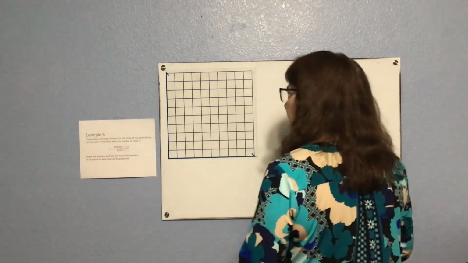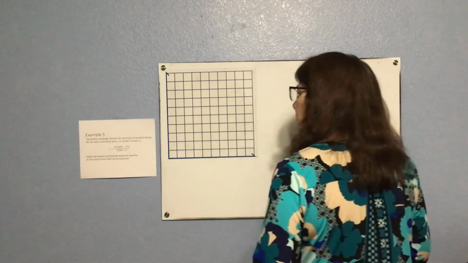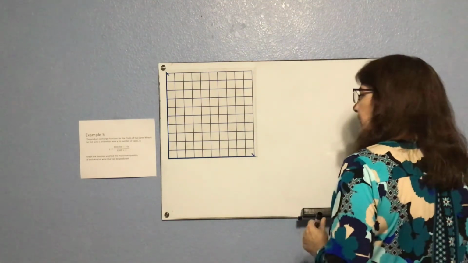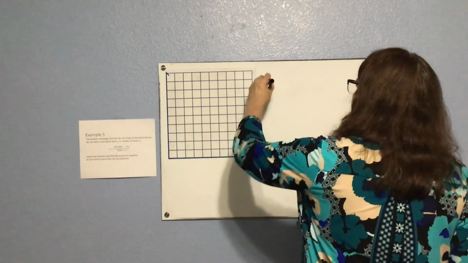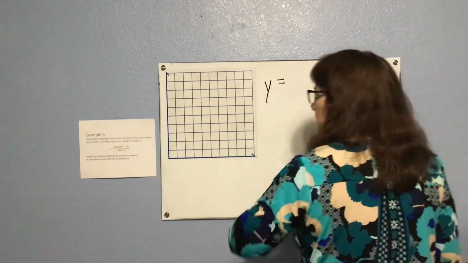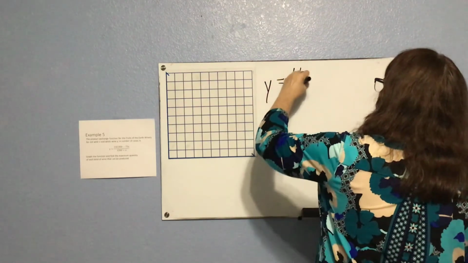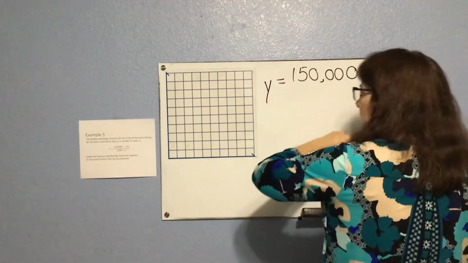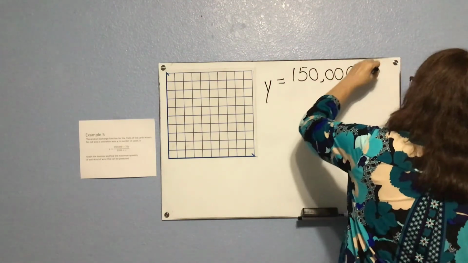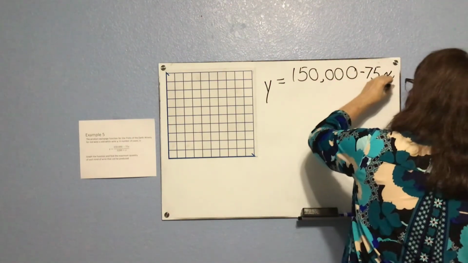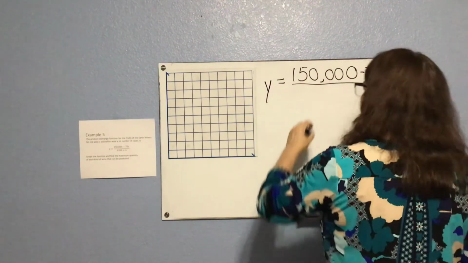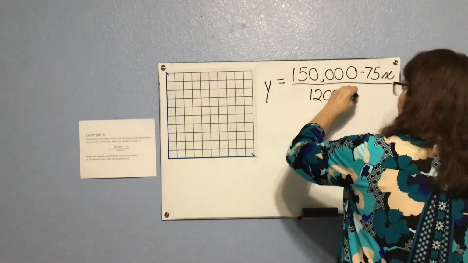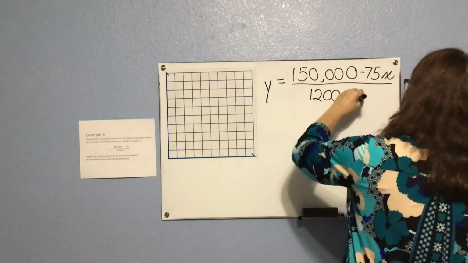So this is a function for the Fruits of the Earth winery for red wine x and white wine y. So y is equal to 150,000 minus 75x over 1200 plus x.